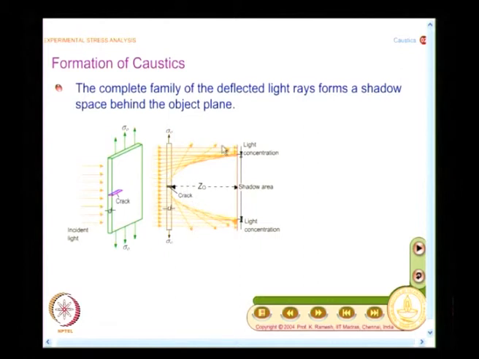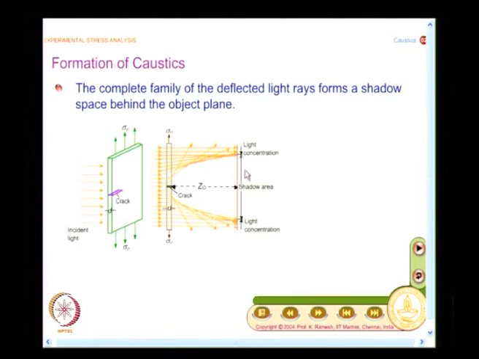And because this gets deflected, you get a shadow region on the screen, and the reinforcement of these rays forms a silver line enclosing the shadow. Because that is found because of the principle of caustics, you call the entire methodology the method of caustics. It derives the name from that. So, you have a family of rays which reinforce and give you a silver line.